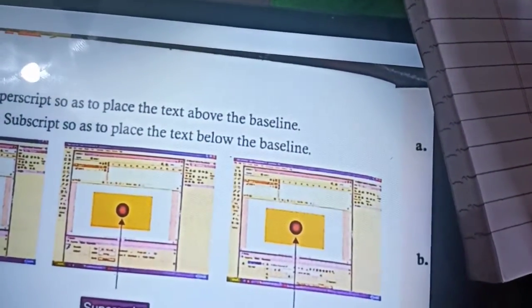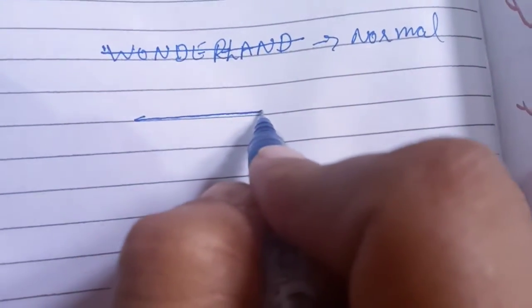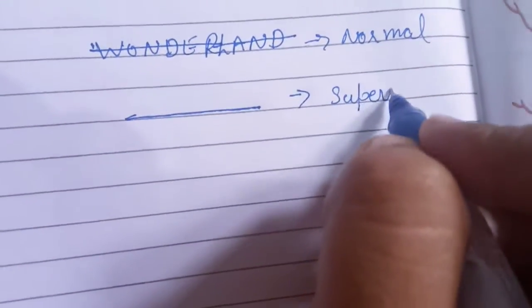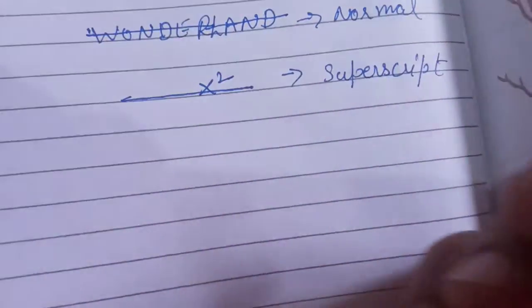This is the normal, and this is your baseline. If you want the text above, this is known as the superscript, like ch-2.